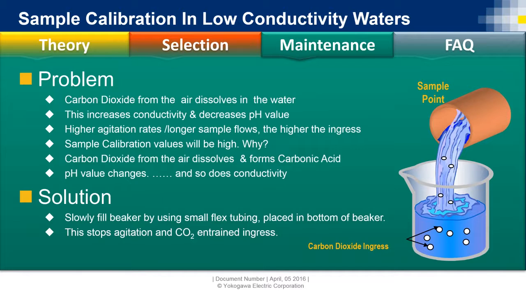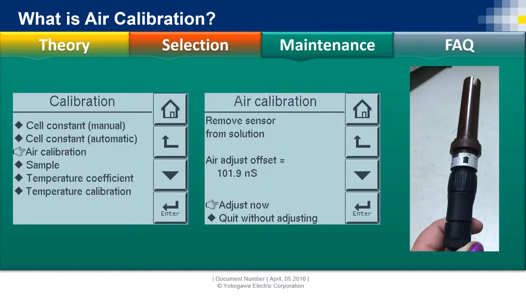The carbon dioxide will dissolve and form carbonic acid inside your water sample. So you'll get a false high conductivity reading just because of carbon dioxide increase. So if you are doing grab samples for your ultra pure water and using that as your calibration, it's not recommended to do that. We actually prefer you to do an air cal instead.